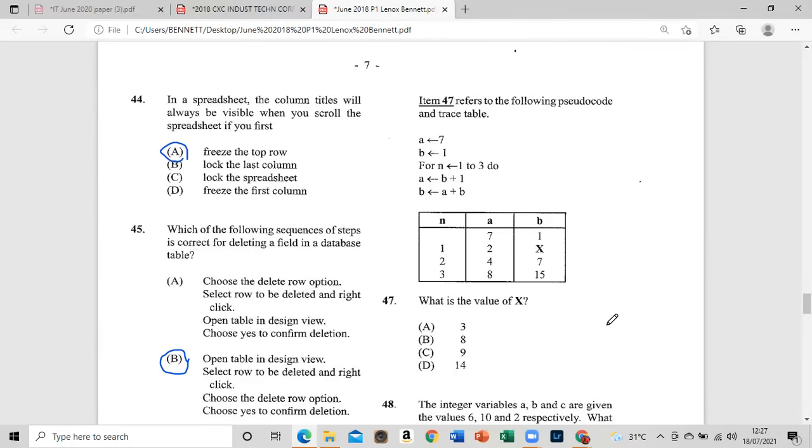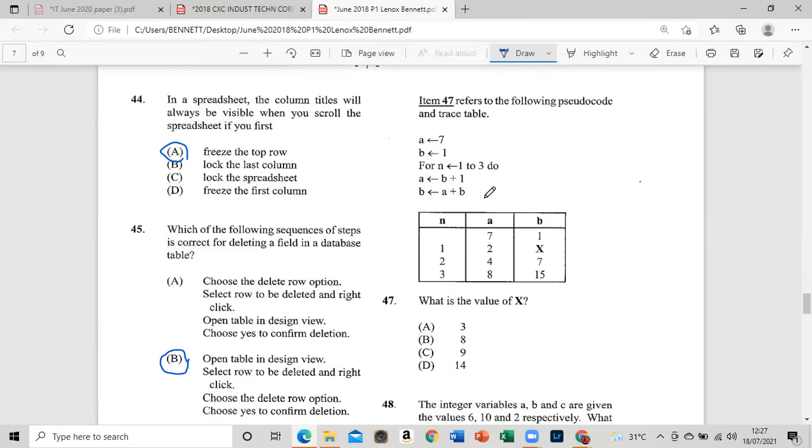So it's for n, this is n. So b is plus 1, so add 1 to b, so a is b plus 1, and b is a plus b.